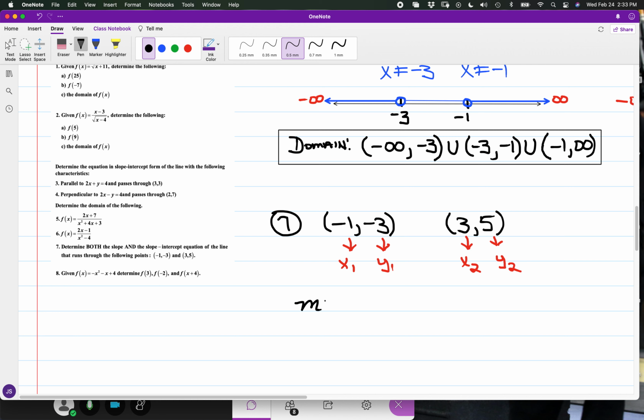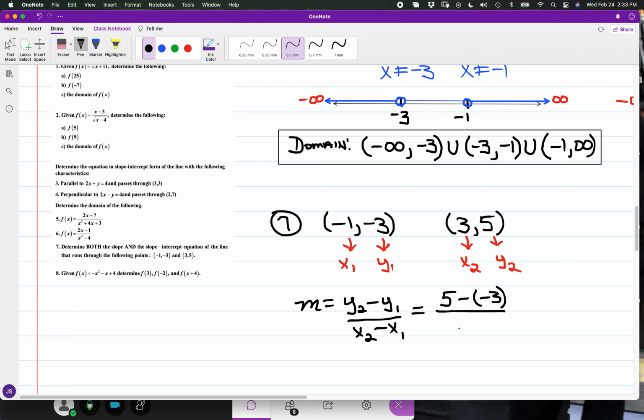So for the slope, we go with the formula y2 minus y1 all over x2 minus x1, which is the ratio that defines the slope. Upon substituting, for y2 minus y1, we have y2 at 5 minus y1 at negative 3.